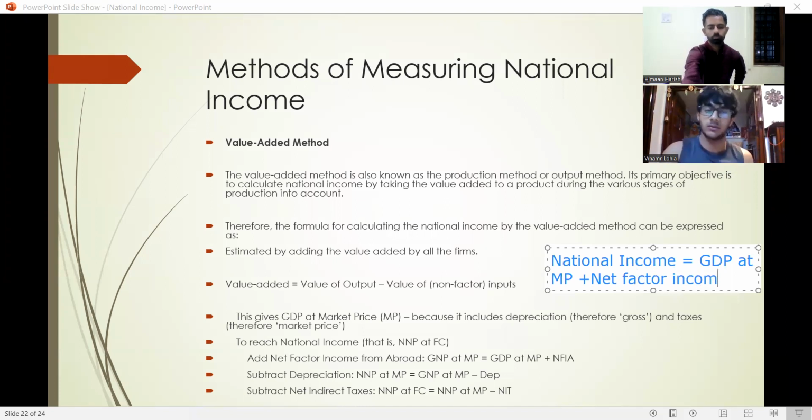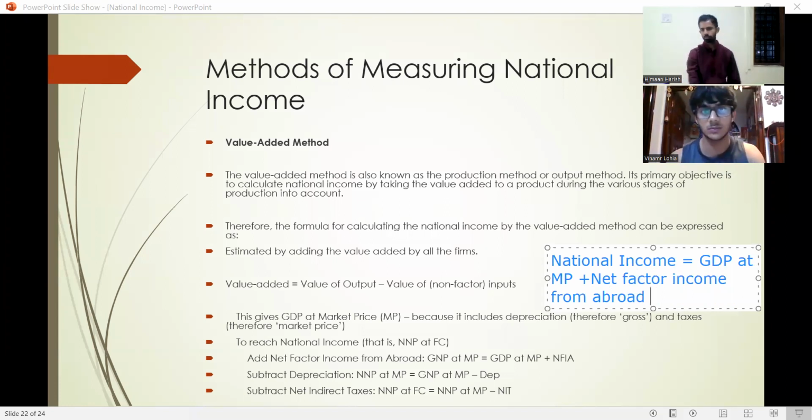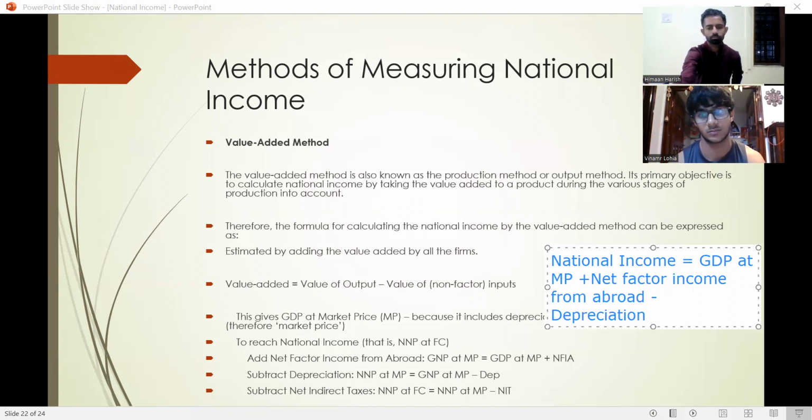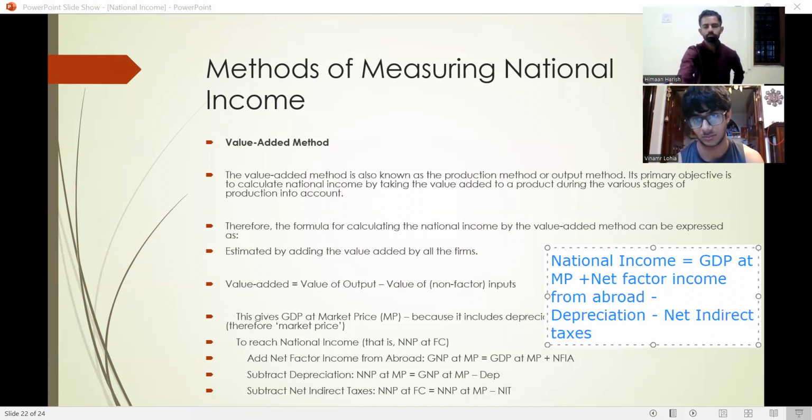So what are the formulas for this? And these are net indirect taxes charged, right? That have been charged or we have paid?